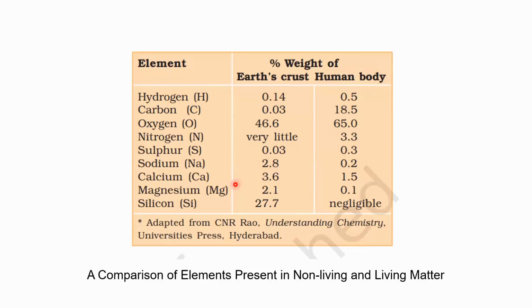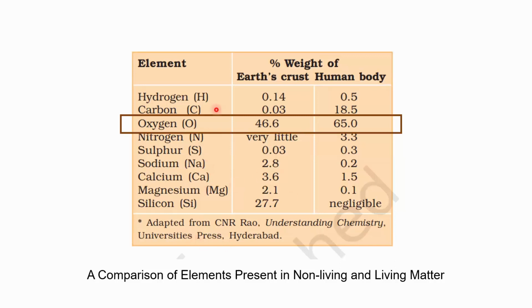Oxygen is the most abundant element present inside the human body as well as in the earth's crust. This is very important.